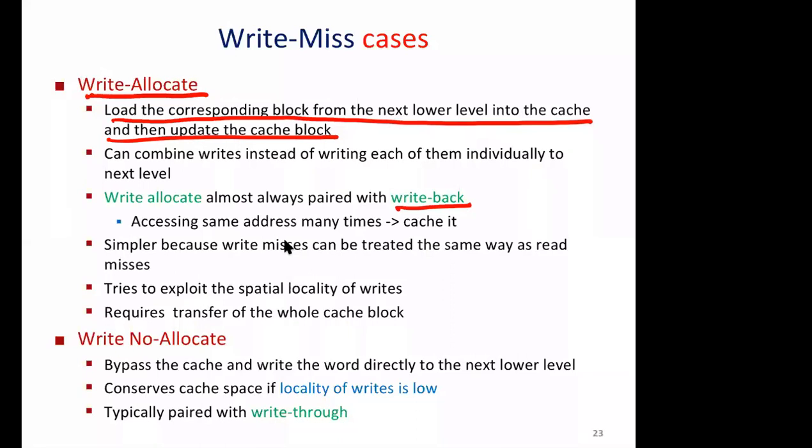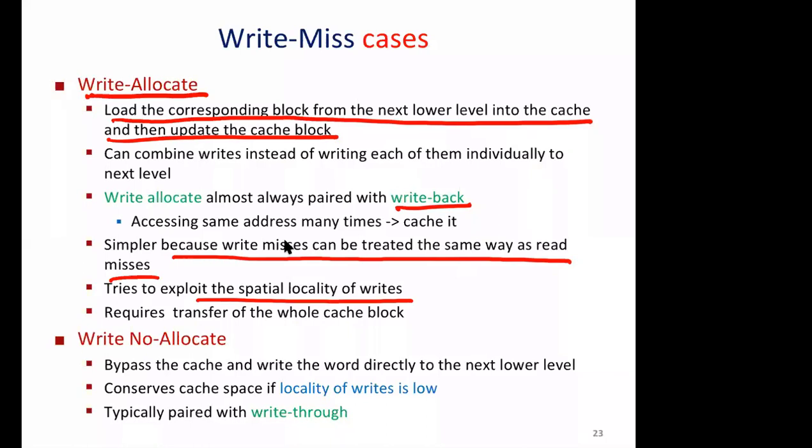In that case, you write it to main memory, or all lower levels. Now this is simpler because write misses can be treated the same way as read misses, and it exploits the spatial locality of writes.